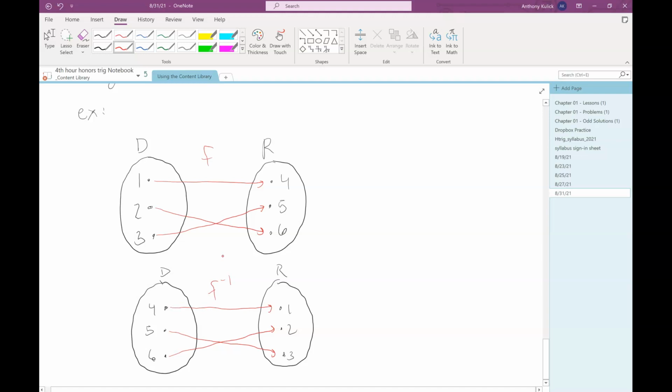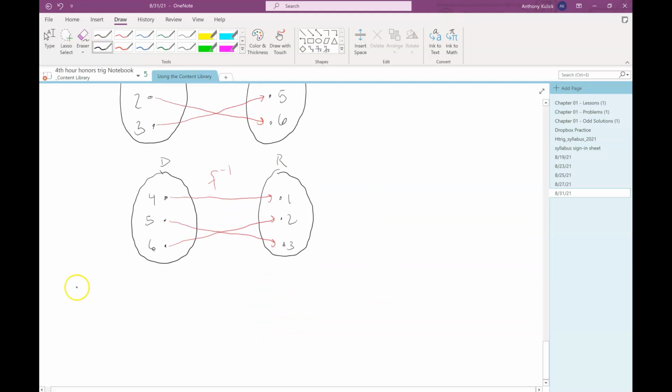Everybody feel okay on that? So basically, we're just reversing the direction in my mapping diagram, right? Okay. What if my function instead was a set of ordered pairs?